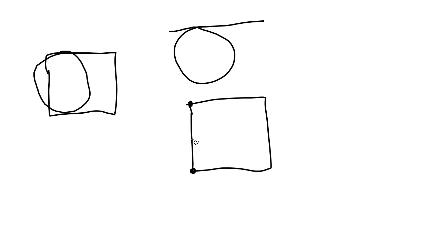One is, let's say that I want to construct a circle that has the midpoint of this side of the square as its center, and has these two corners of the square on the perimeter of the circle.